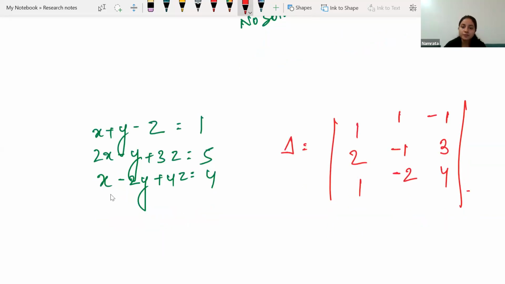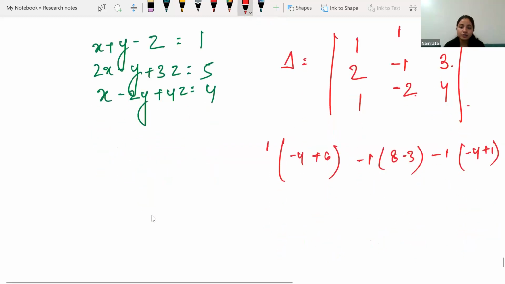So 1, negative 4, positive 6, negative 1, 8, minus 3, minus 1, negative 4. Here we will be having positive 1. Let's see what we are getting. 6 minus 4, 2, 5. So negative 5.